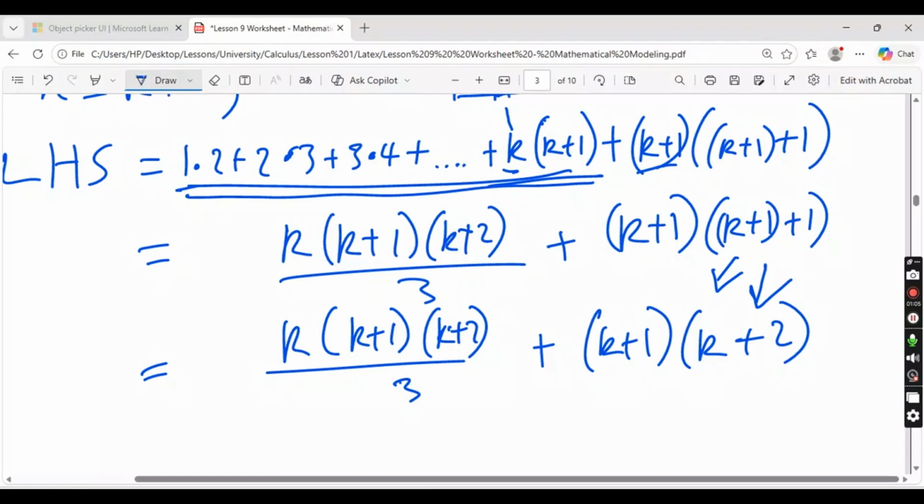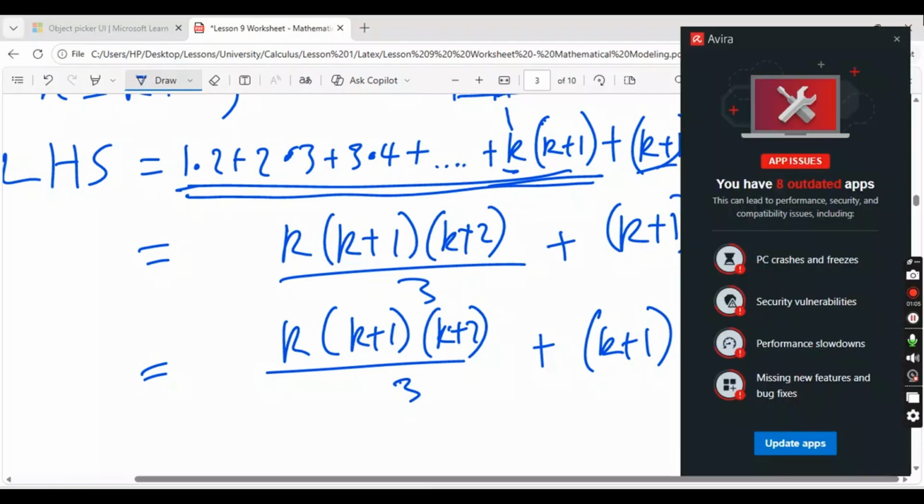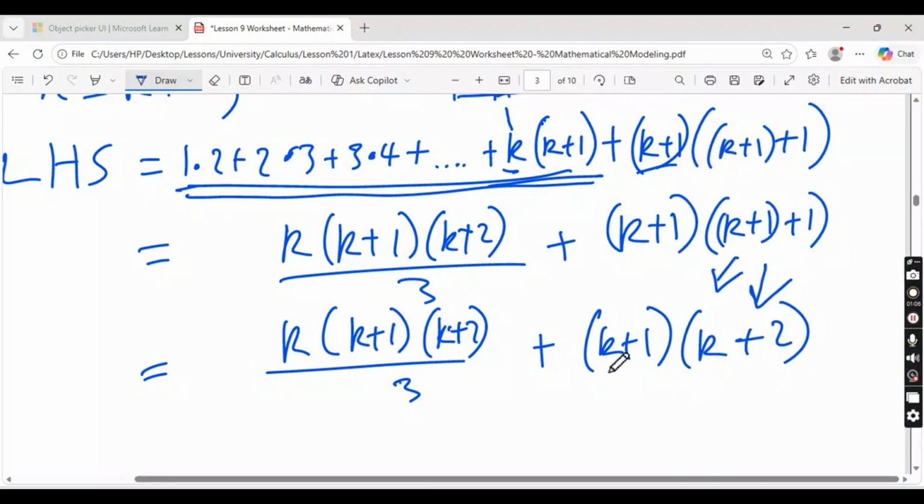So for now, we don't have enough reason to tell us that we should expand, right? Because if you expand right now, you could just make the process a little bit longer than it should be.